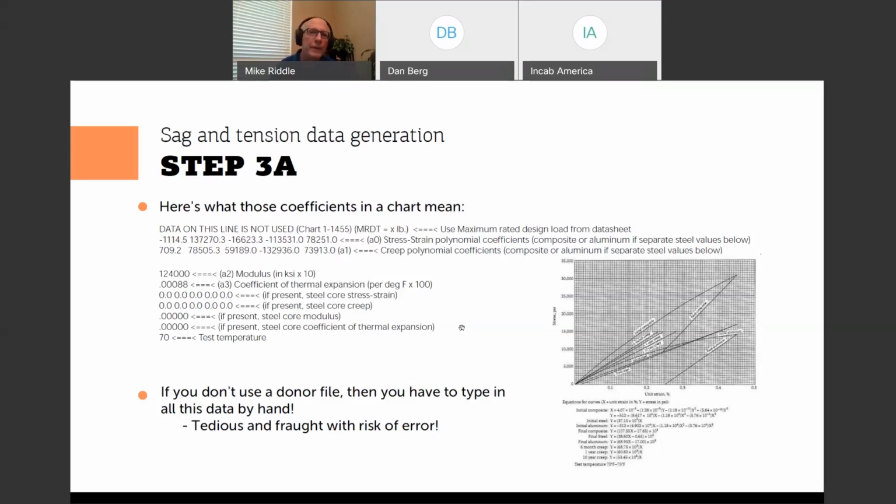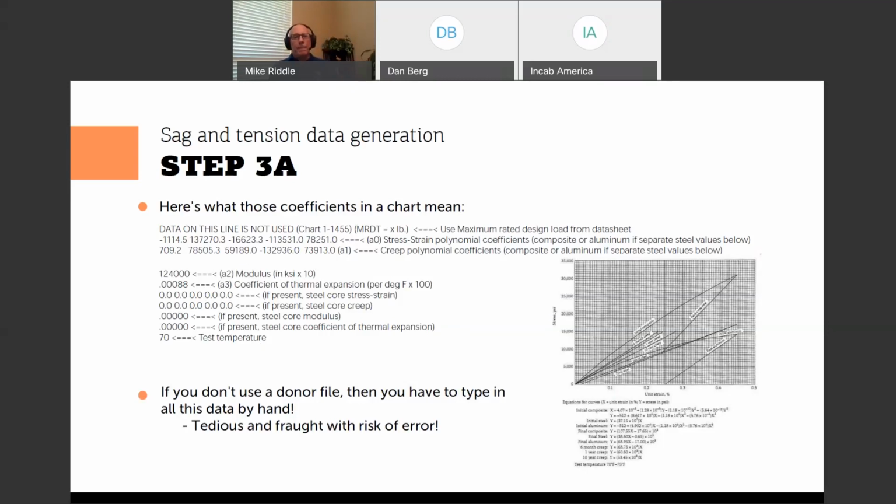And with that ACSR conductor, if you took the aluminum and the steel and put them together, you would get a curve like that. And then the last line is the test temperature. So when they were doing the testing to get the data in order to calculate the coefficients, this was the temperature that they did the testing at.